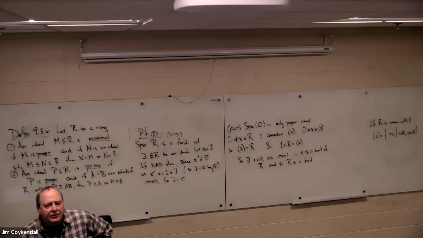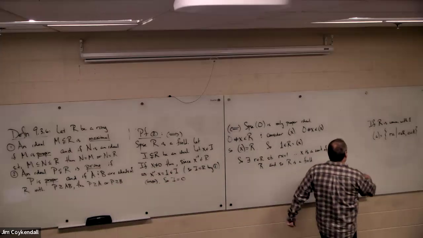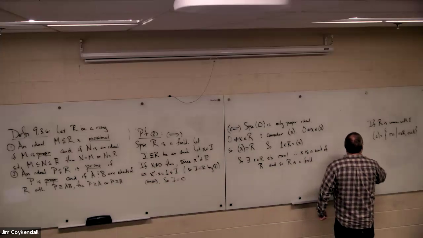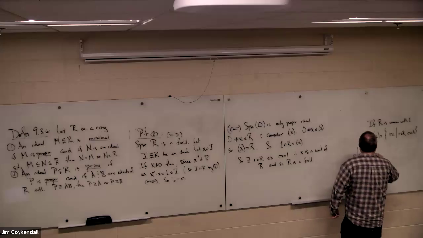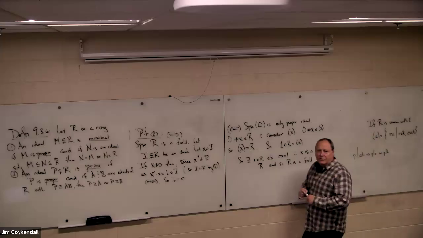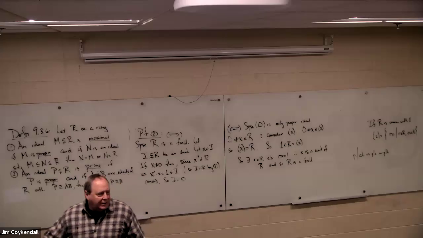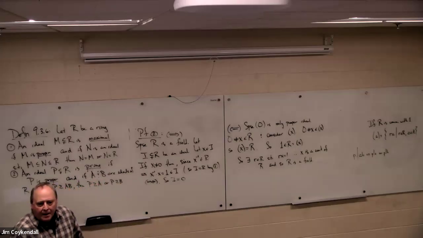How many of you have ever heard this definition? An element is prime if P divides AB implies P divides A or P divides B. This is really the correct definition of a prime.